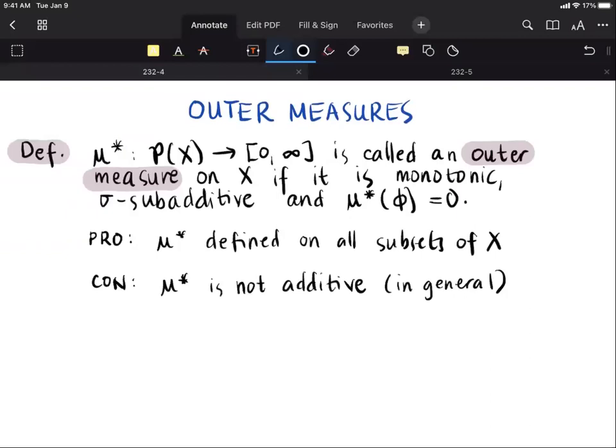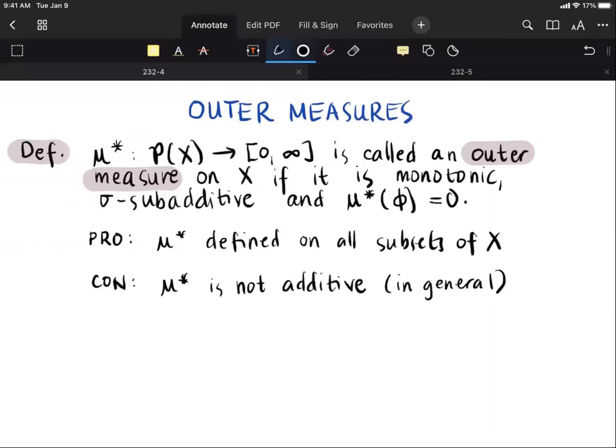If you look at the appendix, in the case of the Lebesgue outer measure, that outer measure is not additive, and that relies on the existence of non-measurable sets. The construction of non-measurable sets is obtained from the axiom of choice. So if you want to see that example, please look at the appendix of the course notes.